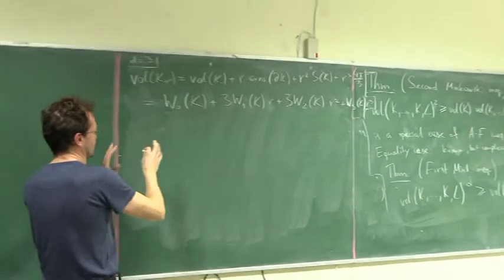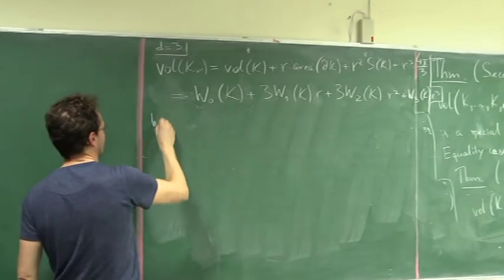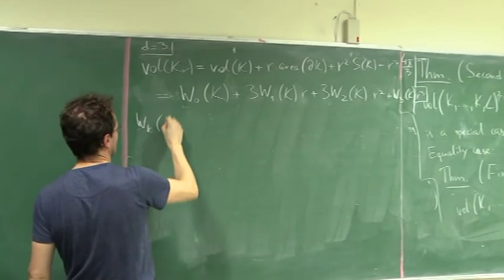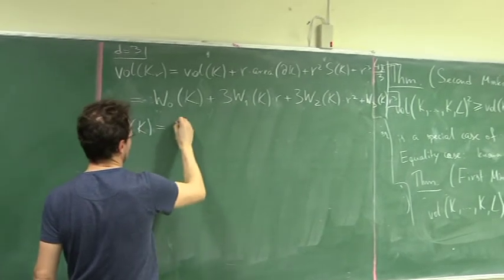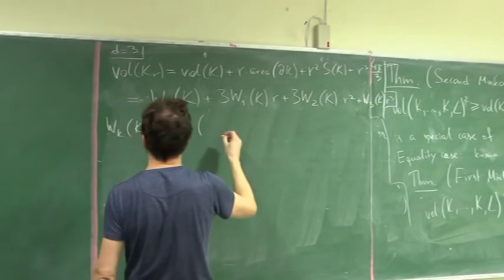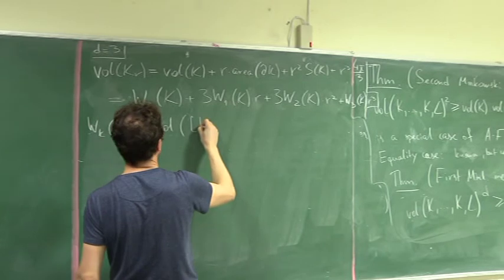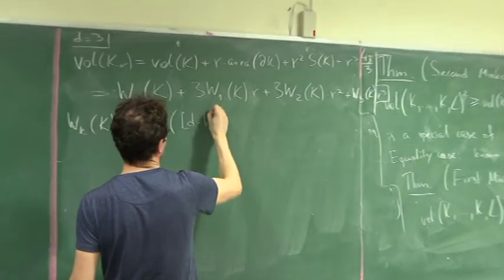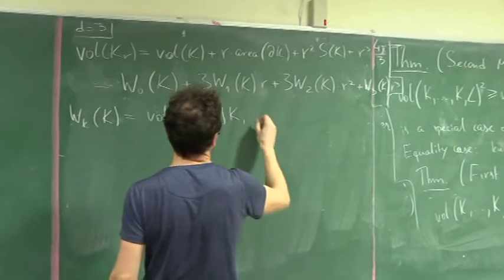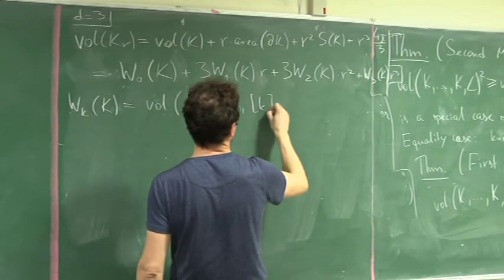In these Wi's, today we have seen that Wk of K is just the mixed volume of D minus k copies of K and k copies of the unit ball B.